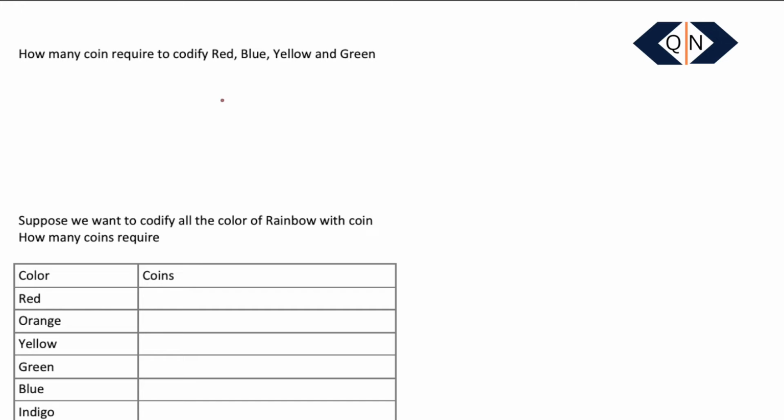Now what if there are four colors: red, blue, yellow and green? Can we codify it with the help of only one coin? Let's see.